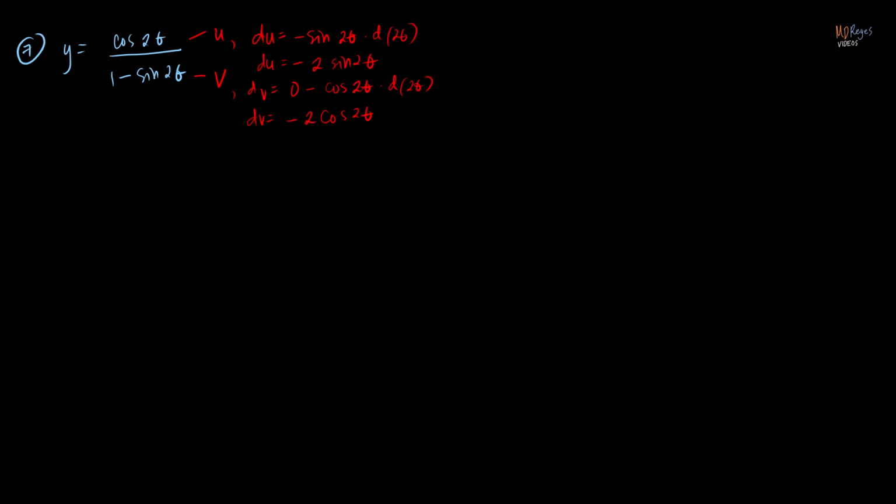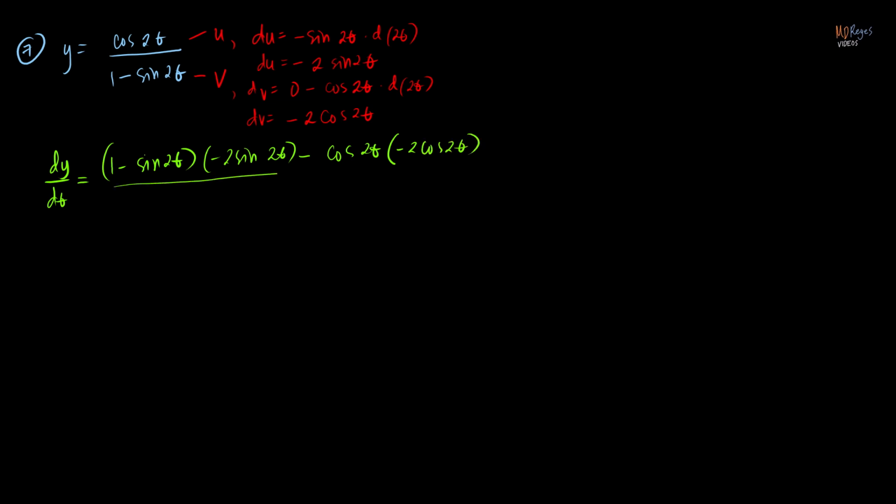The derivative of y with respect to theta, dy over d theta, using the quotient rule, is equal to v, 1 minus sine 2 theta, times du, where du is negative 2 sine 2 theta, minus u, cosine 2 theta, times dv, negative 2 cosine 2 theta, all over the denominator 1 minus sine 2 theta squared.